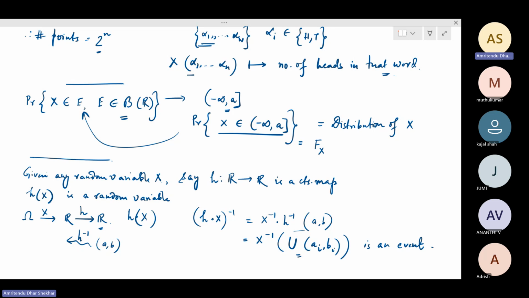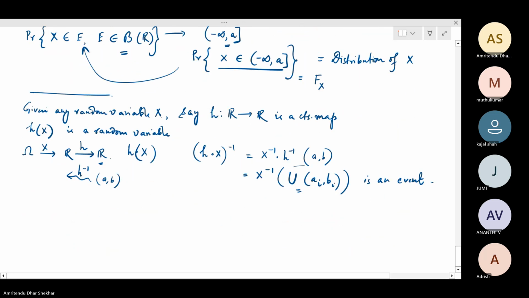And when you are given these functions of random variables, you may be asked to compute the distribution function of a function of a random variable. So essentially, we may be asked a question like, what is F of h of X, instead of F of X?